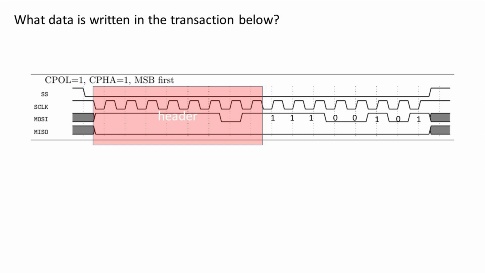So the 1 bit, I've put it right on MOSI. In this case, MOSI is high, so it's 1, 1, 1, 0, 0, 1, 0, 1. So that data is going to be E5 in hex, right? E5, that's the data being written.